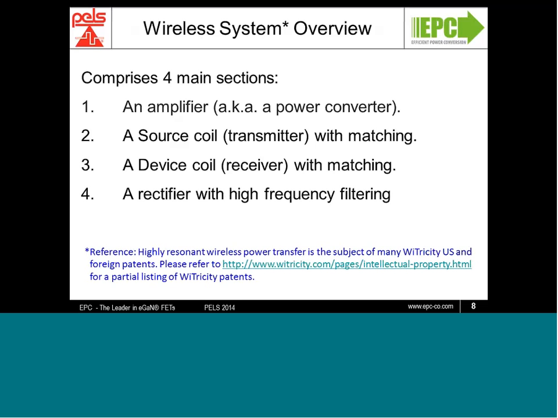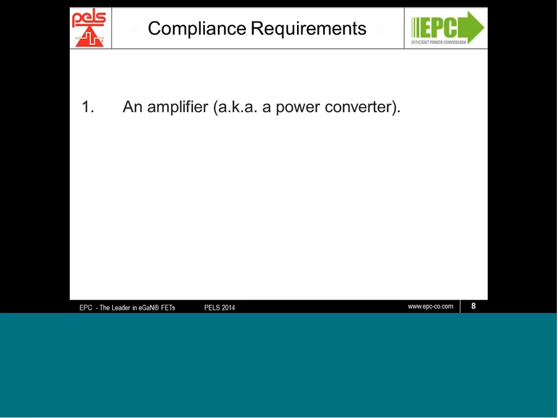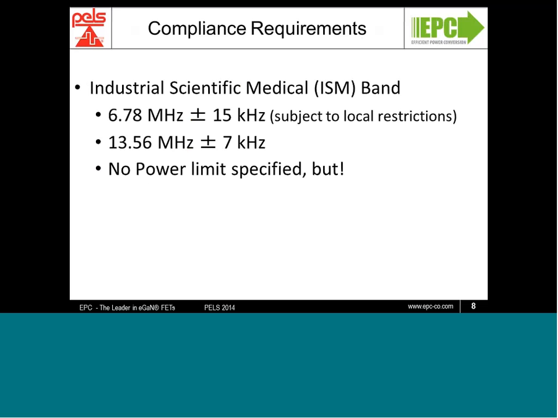Let's have a look at some of the compliance requirements, primarily driven by the radiated emission standard. The ISM band, the Industrial, Scientific, and Medical band, has been identified as a candidate for transmitting the frequency, as it's an unlicensed band and not subject to very difficult licensing for products.